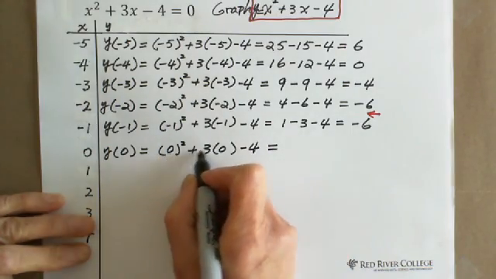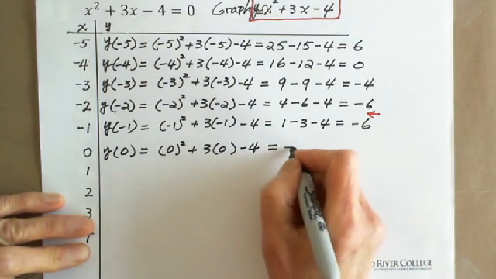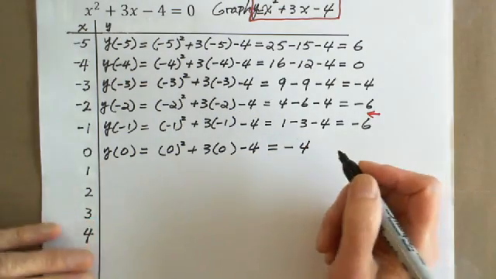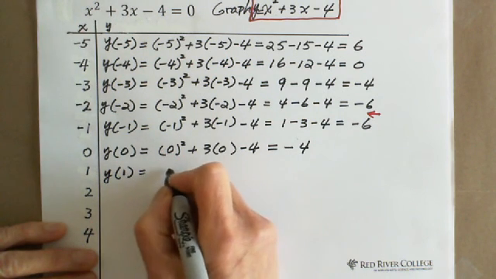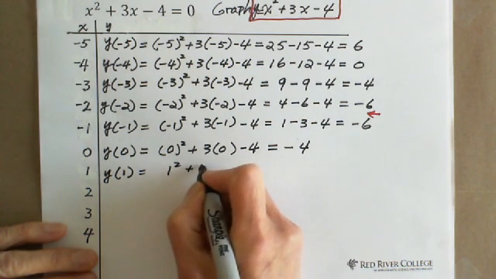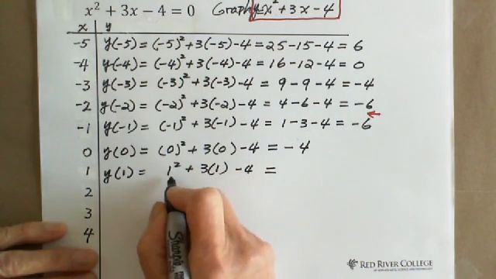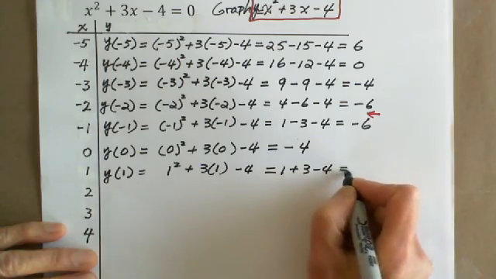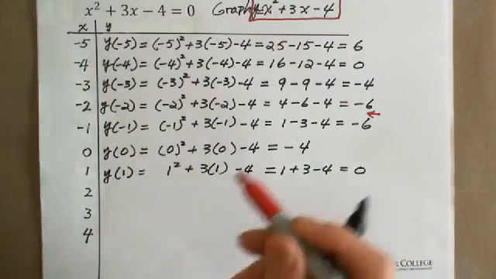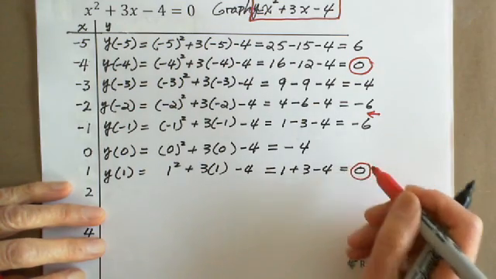Actually, this is 0, this is 0, so we get -4. And when x equals 1, this is 1 squared plus 3 times 1 minus 4. This is 1 plus 3 minus 4 equals 0. See? This is 0.